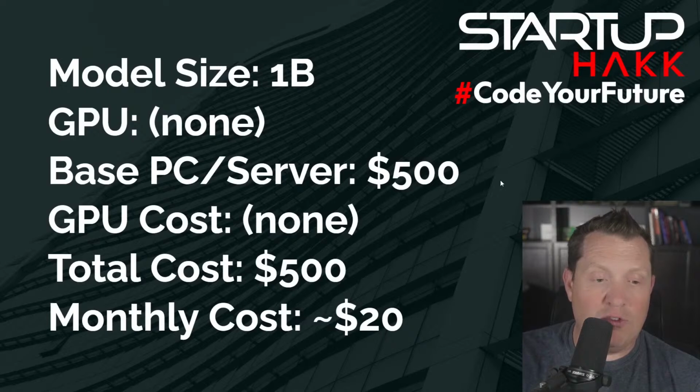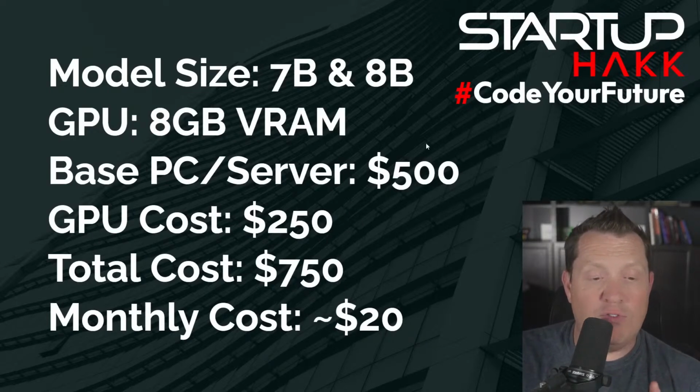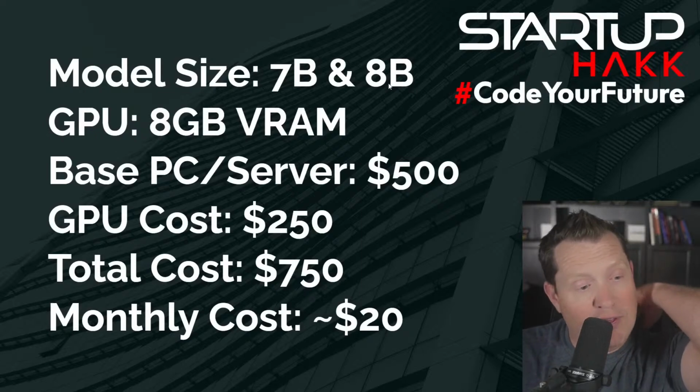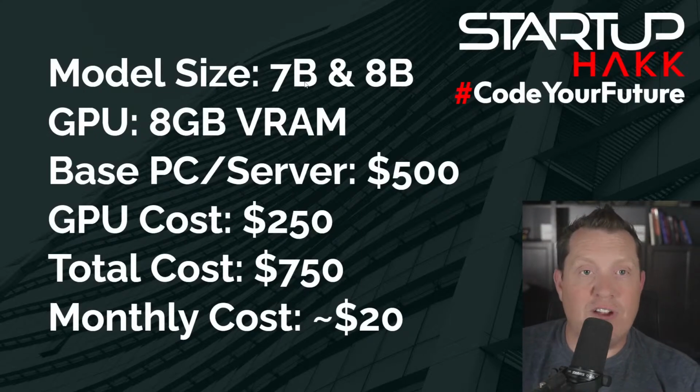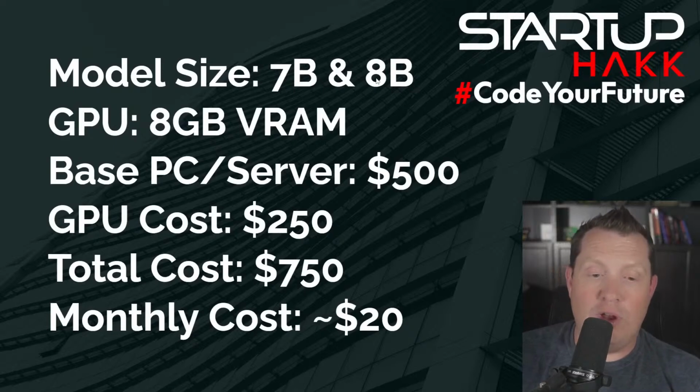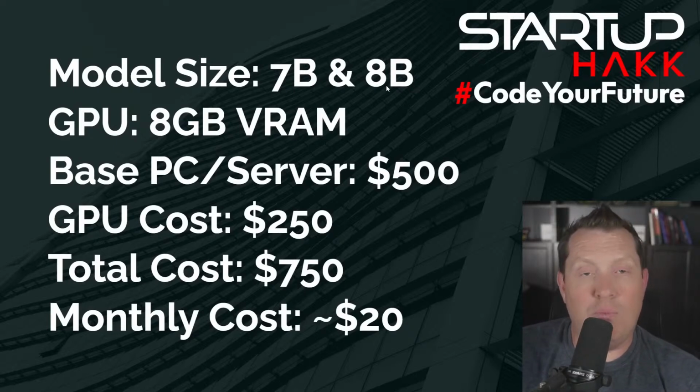Now, let's jump up just a little bit. There's a huge amount of efficiency that you jump to in the 7 billion and 8 billion models. Pretty generally, DeepSeek runs very efficiently. With most other models, if you're going to do 8 billion parameters, you need about 12 gigabytes of VRAM.